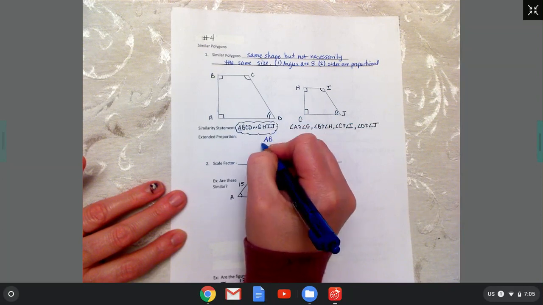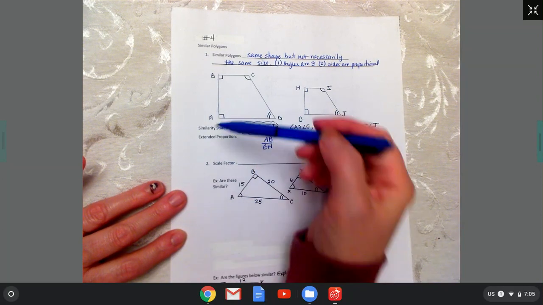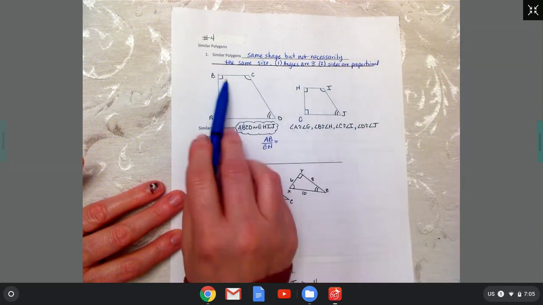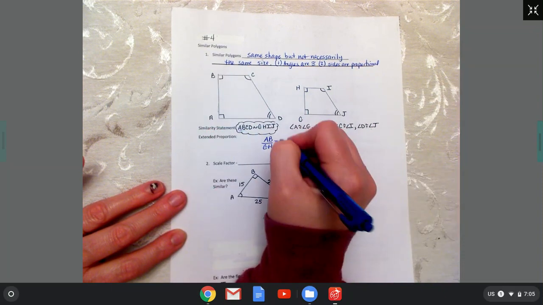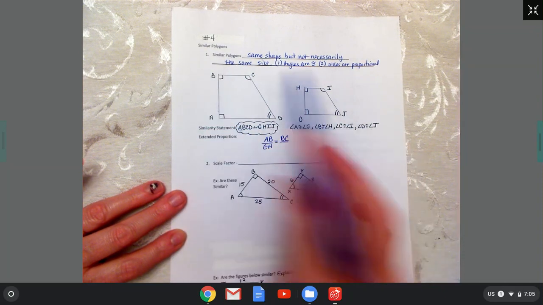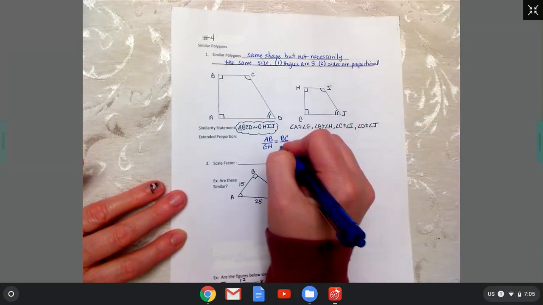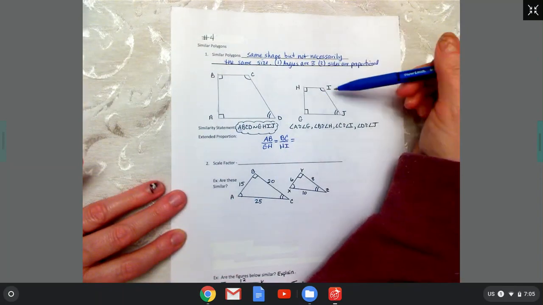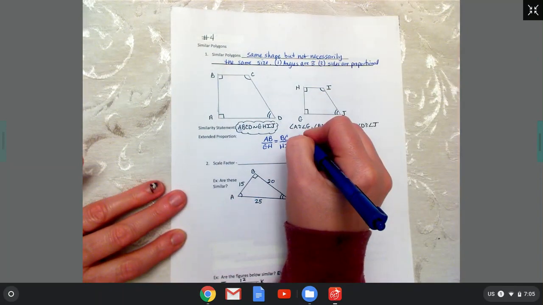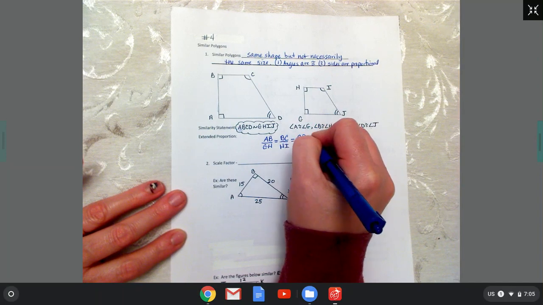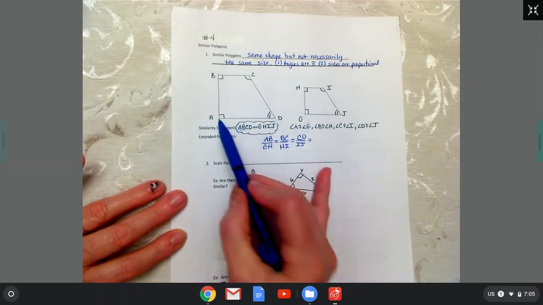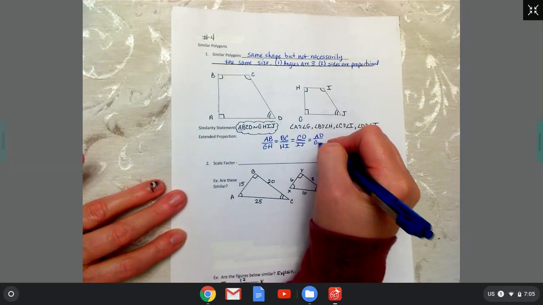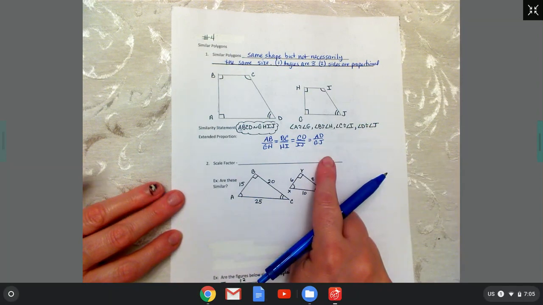We write that as a fraction: AB as a ratio to GH is equal to BC, the next two, as a ratio with HI, which would also be equal to a ratio of CD to IJ, which would also be equal to the bottom, AD with GJ. Okay, that's called our extended proportion.